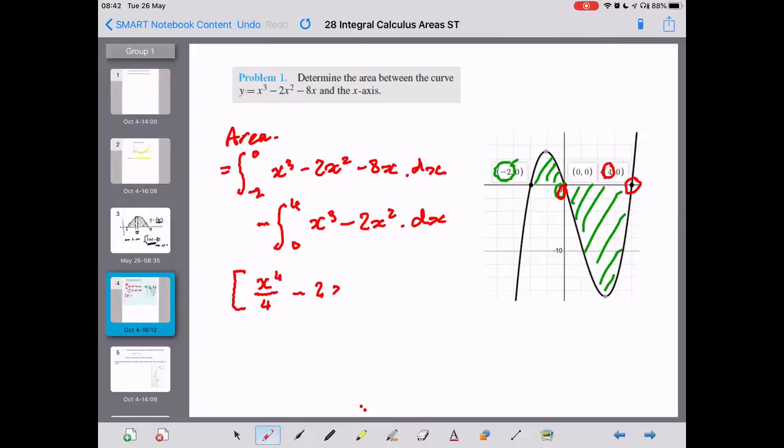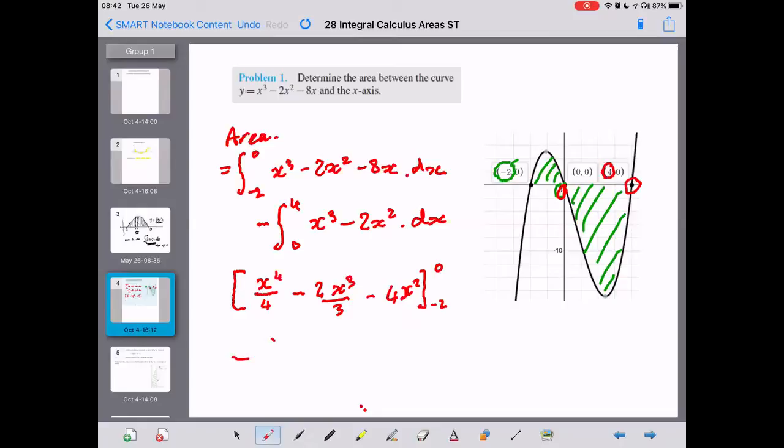So x to the 4 over 4 minus 2x cubed over 3 minus 8x squared over 2, which is 8 over 2 is 4, so it's 4x squared, between -2 and 0.